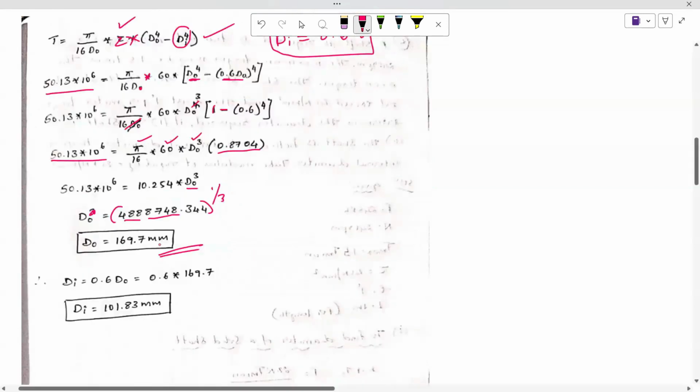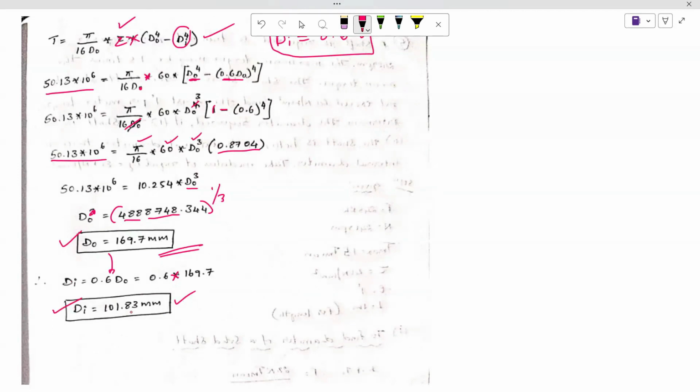Now, using this outer diameter in this condition, di is equal to 0.6 times the d naught. D naught value is 169.7, multiplied by 0.6, that will be 101.83. That is the internal diameter. So outer diameter is 169.7 and internal diameter is 101.83.